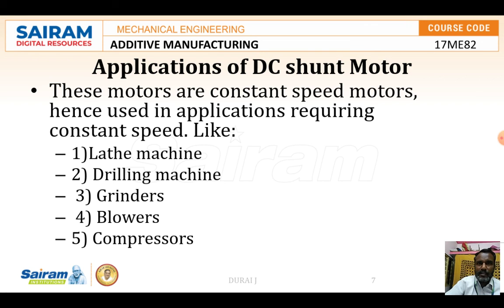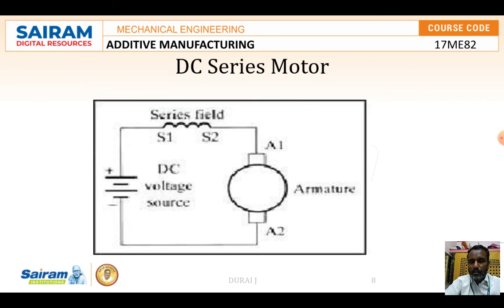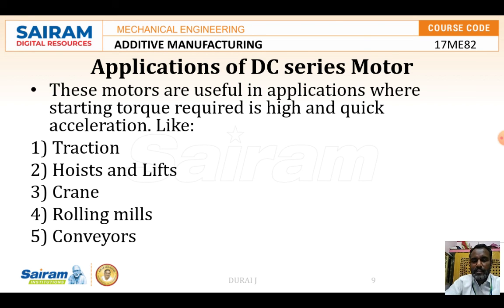But with series motors, the speed varies depending on the load, and the speed is very high when the load is small. Due to that, power loss takes place, so people go for the DC shunt motor. The DC series motor can be used for lifts, cranes and conveyors. This is about the DC series motor. Thank you.